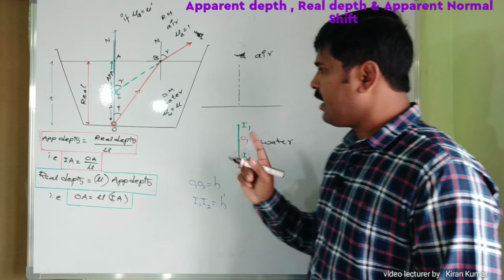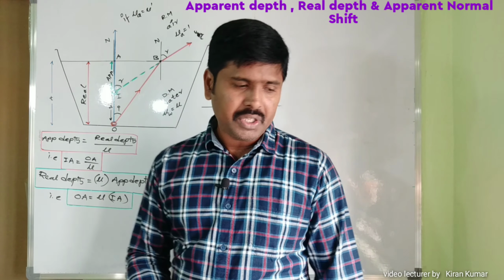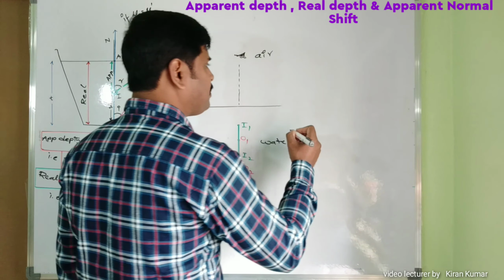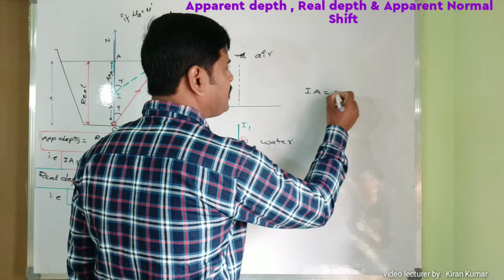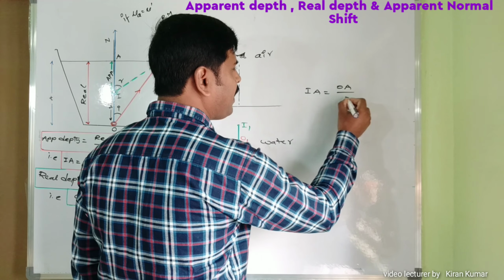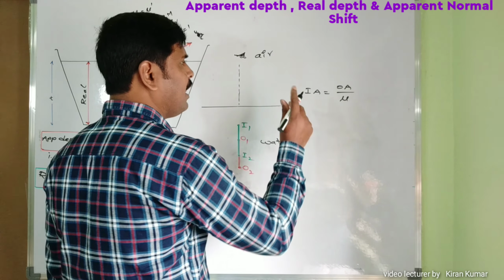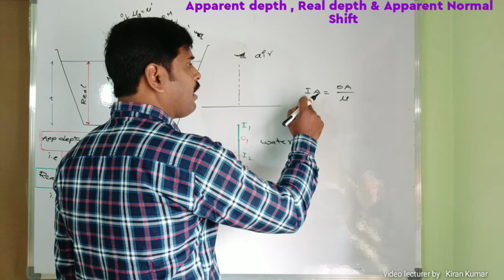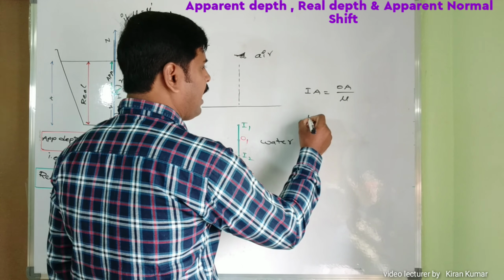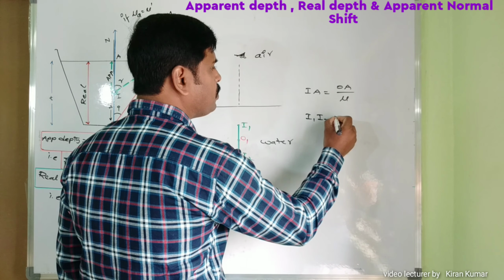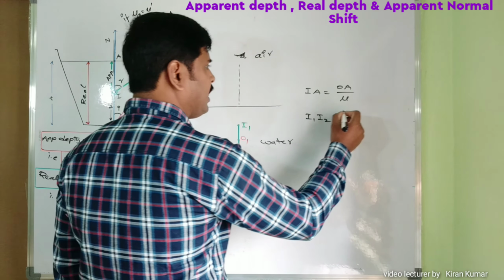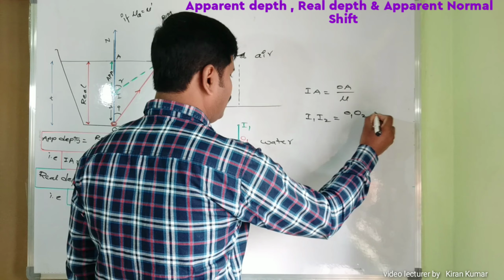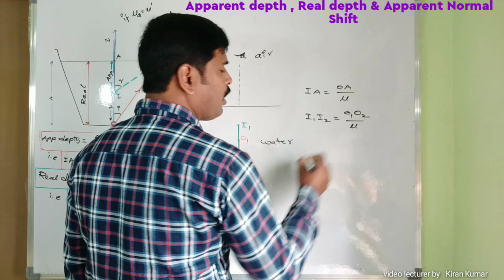Now we know one relation: the apparent depth is equal to real depth divided by the refractive index. So instead of apparent depth I am writing I1 I2, which is equal to, instead of real depth, O1 O2 divided by mu.